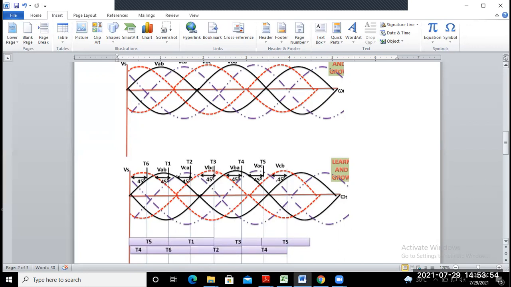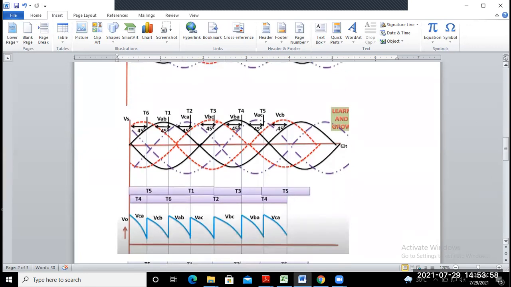Okay. So this is the conduction period of the positive half cycle and negative half cycle. Corresponding to that, you may draw the output voltage waveform, if it is clear. So start from this one, T6, T1, T2, or maybe start from this point. Okay, start from this point. So up to this point, the most positive line voltage is your VAB.